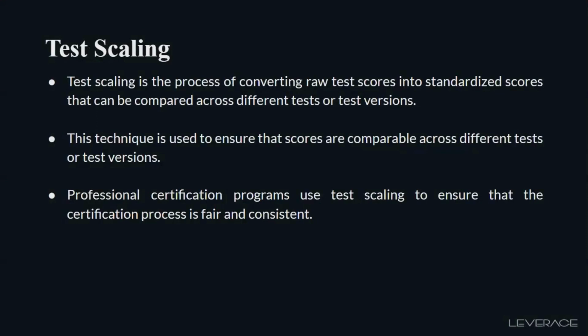Test scaling is the next. This is a process of converting raw scores into standardized test scores. I don't know how it is done in your country, but you discover that there are grades that are awarded to testees.